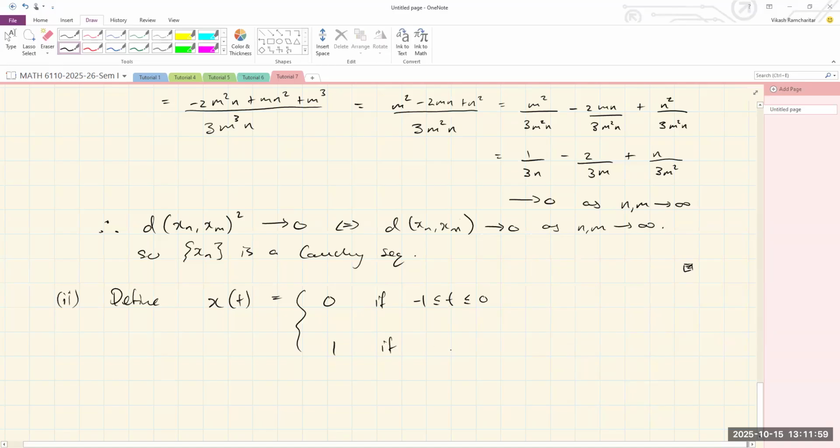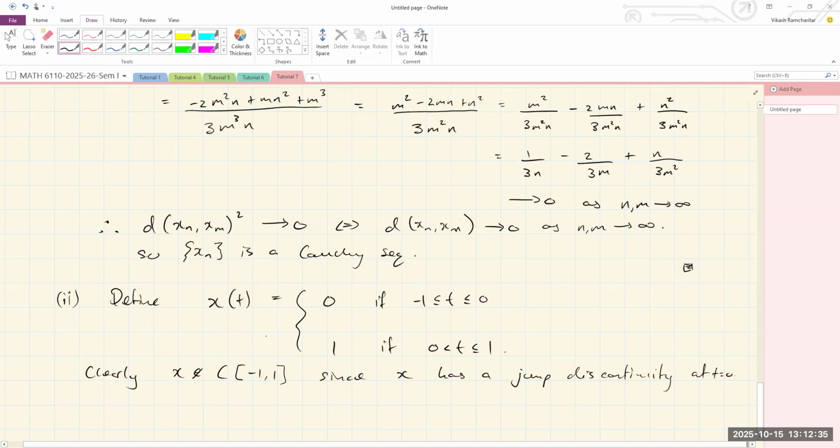And I'm going to define it to be 1 if 0 is strictly less than t less than or equal to plus 1. So I'm going to define this function. Clearly x is not in the space of continuous functions from -1 to 1, because it has a jump at 0, a discontinuity.